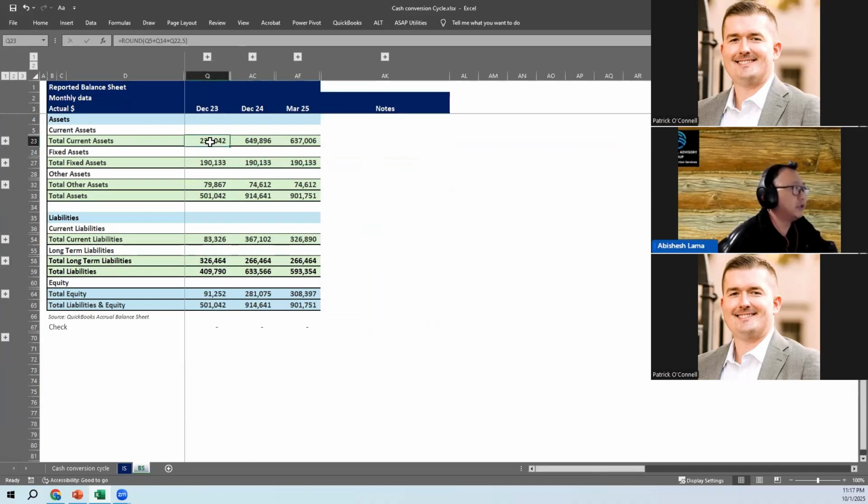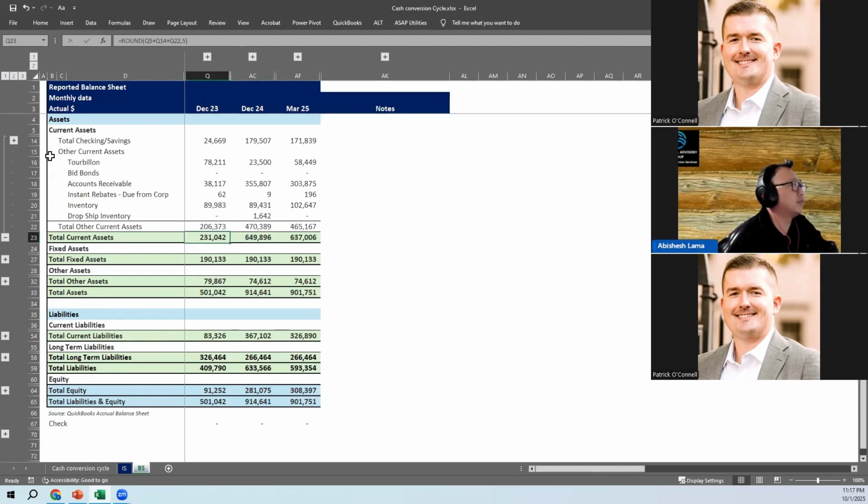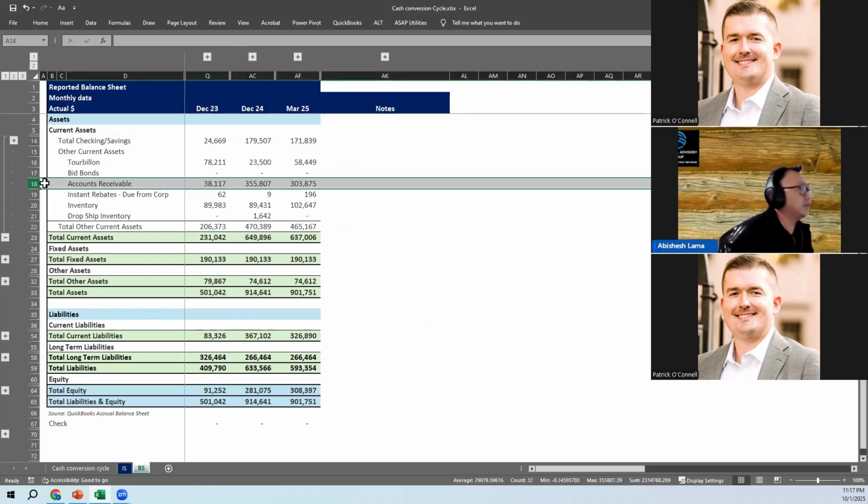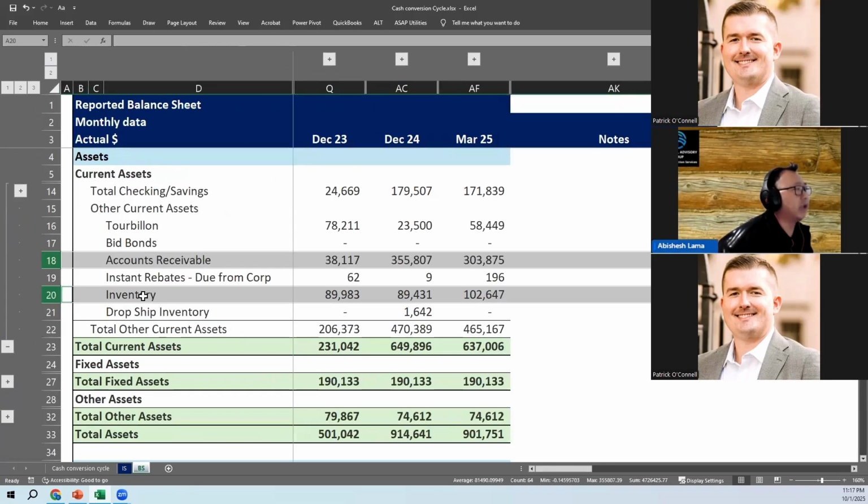And from this, we would see that accounts receivable and inventory, we would get from the current asset section. So we would take the balance from accounts receivable and inventory.